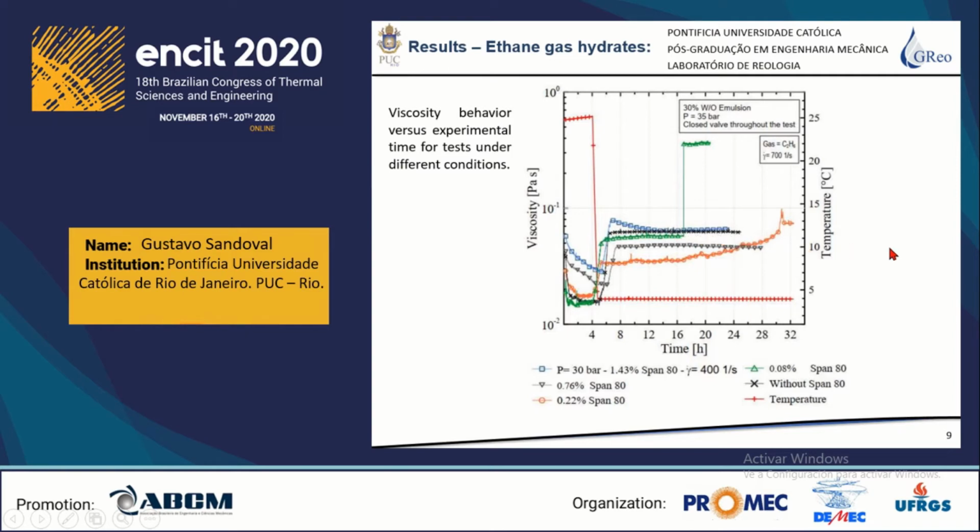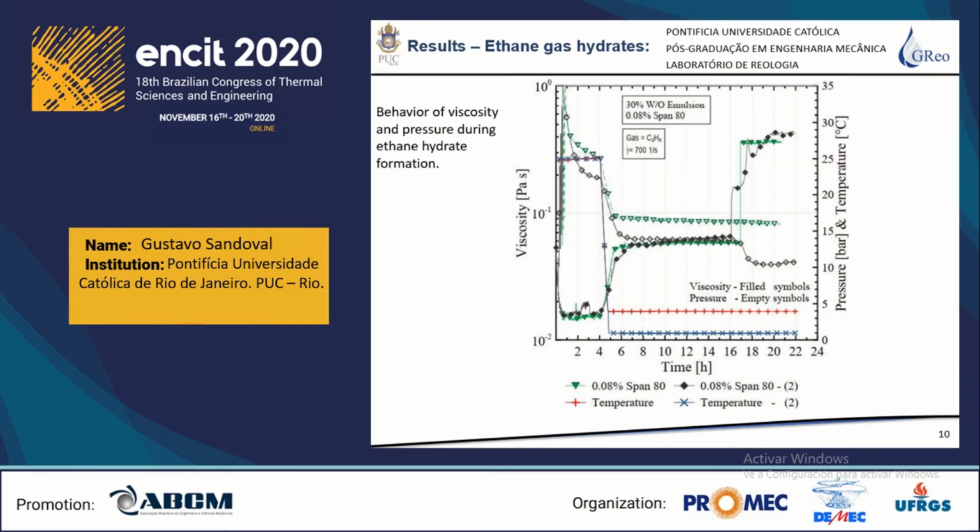Maybe this is because our geometry, which is concentric cylinders, does not generate the necessary conditions or the necessary mixture for all the hydrate constituents to be in contact. And this topic will be studied in future experiments with another geometry.